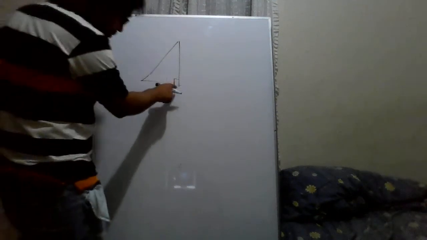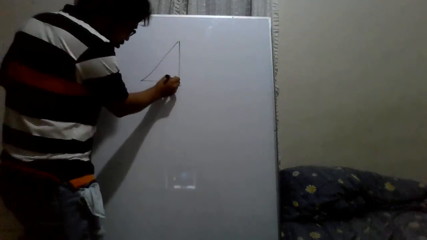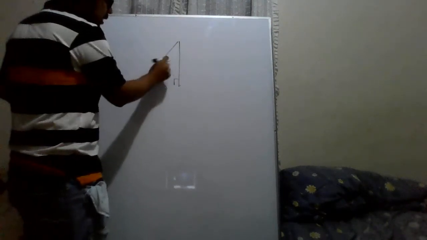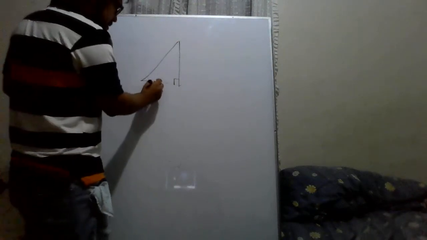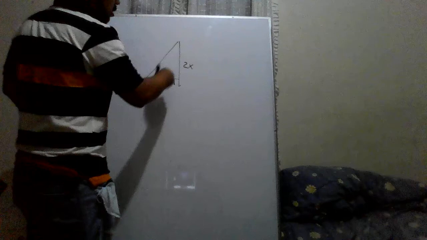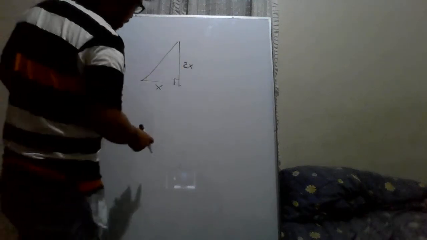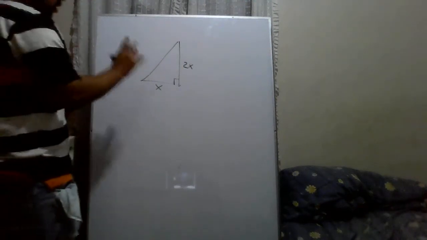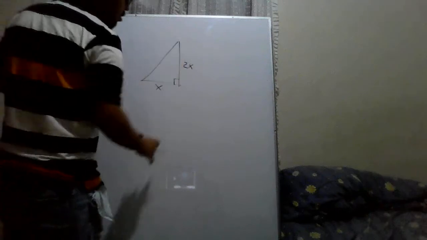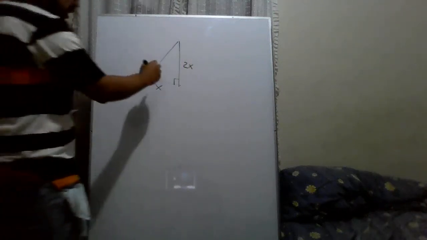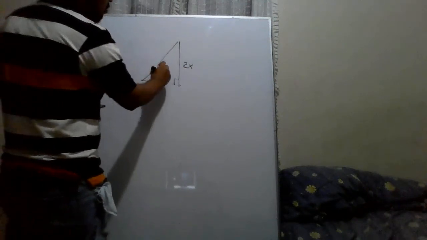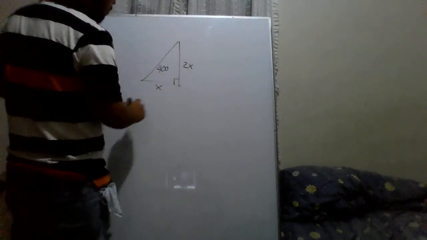If this is the right angle, you know that the opposite side is the hypotenuse. So these both are the legs, and one of these legs is x and the other is 2x. It doesn't matter which one is which, okay? The thing that matters is one is x and the other one is 2x. And you know that the area of this triangle is 400, okay? It's an area, so you need squared units, okay?